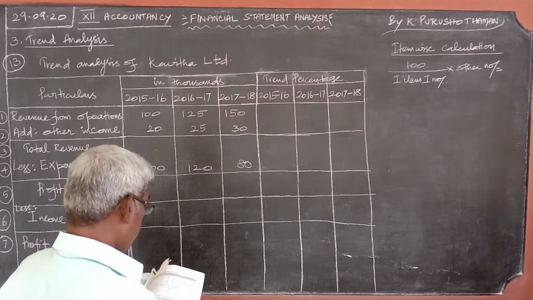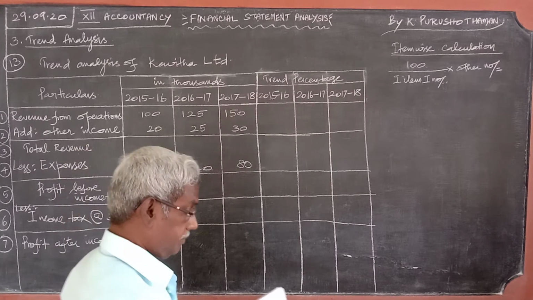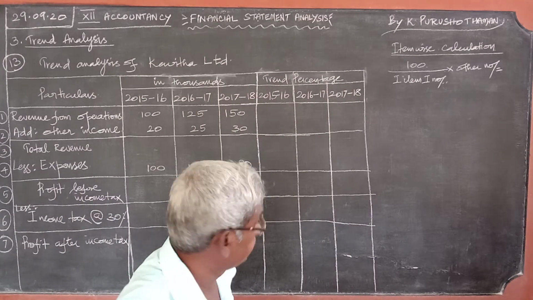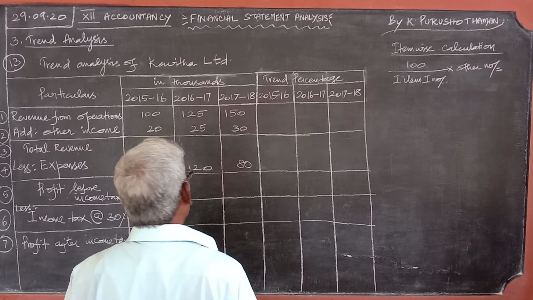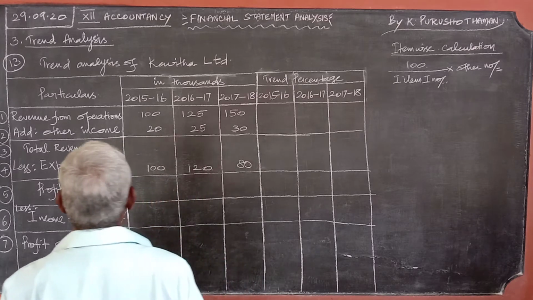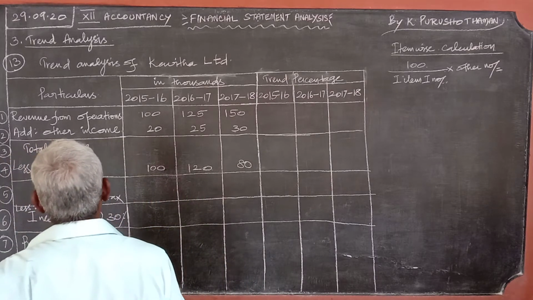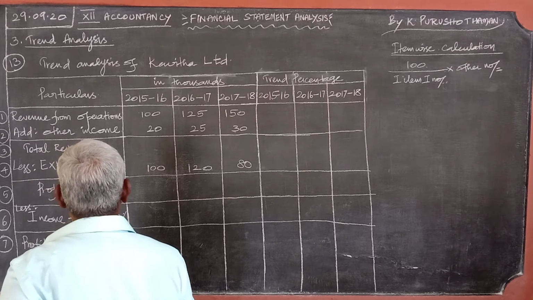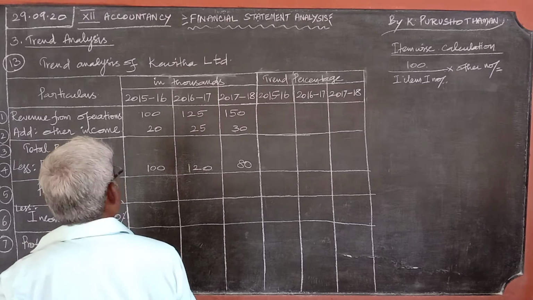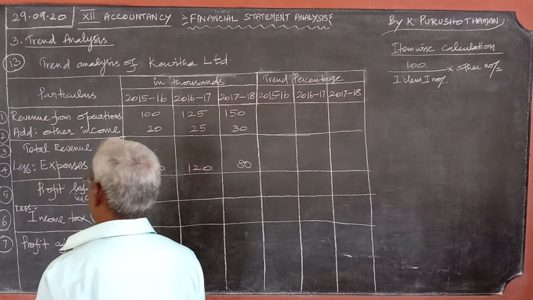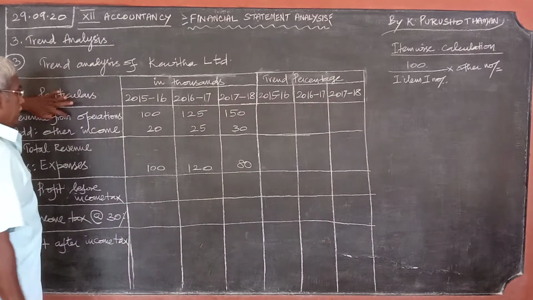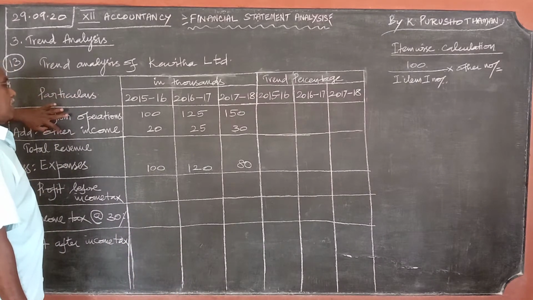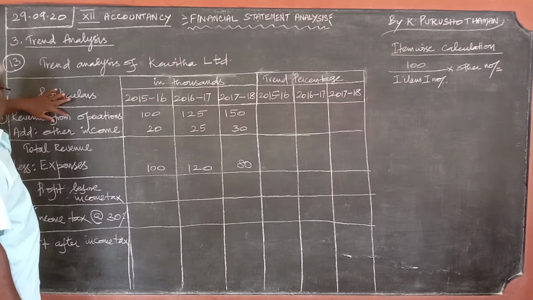What we are going to do now. Listen, before going to find the percentage, there are some incomplete stages that we should keep ready first. Total revenue from operations is given, other income is given, therefore total revenue.